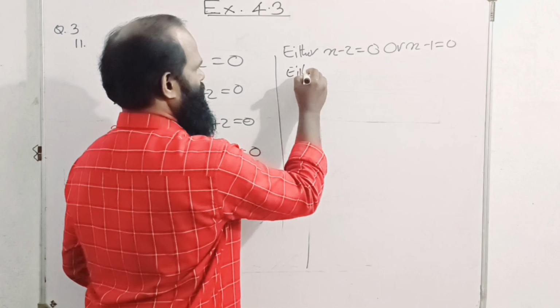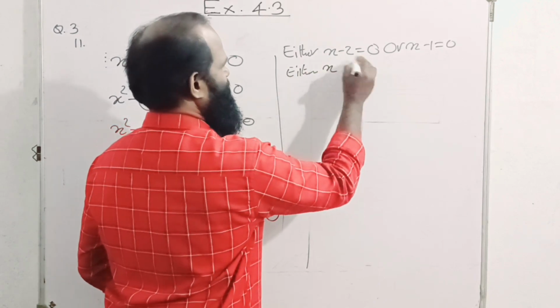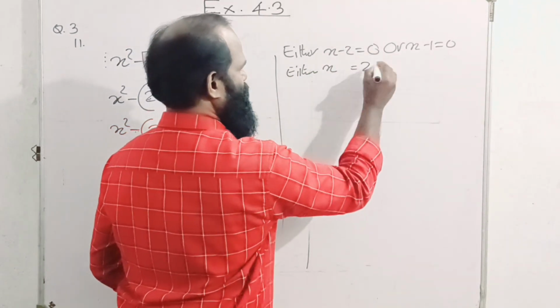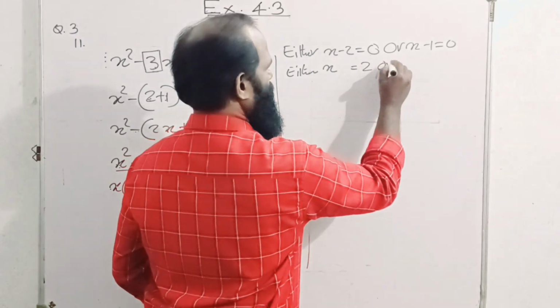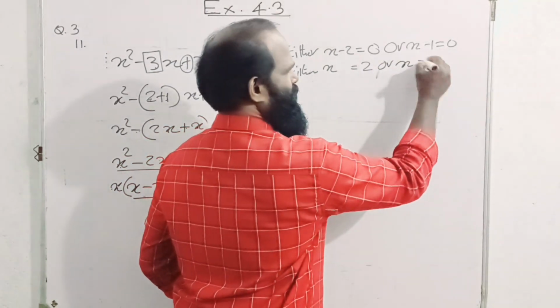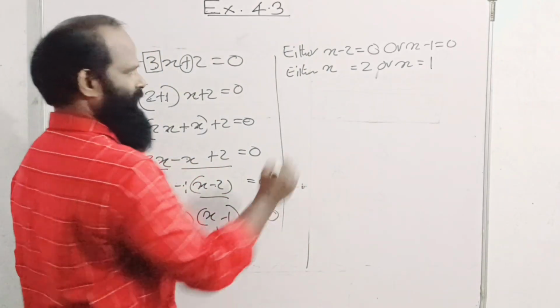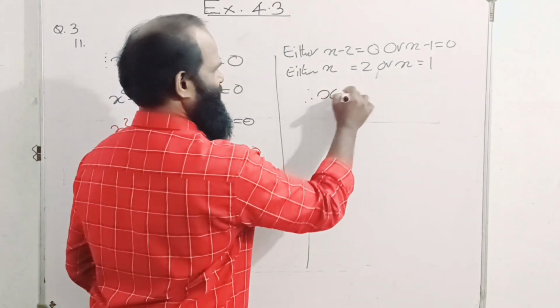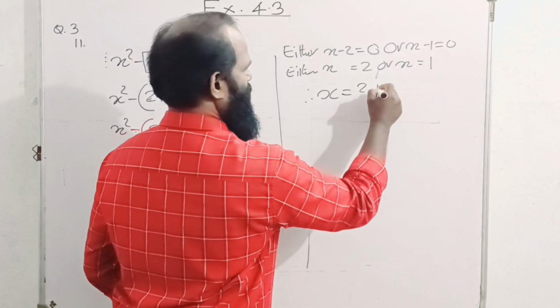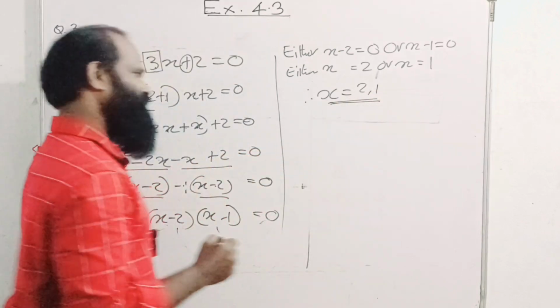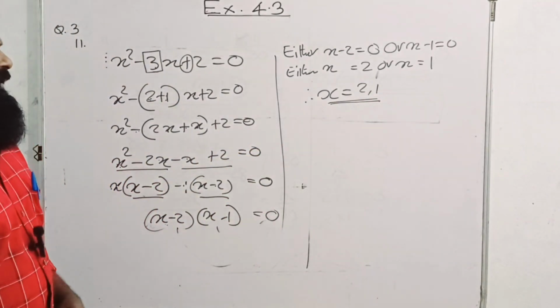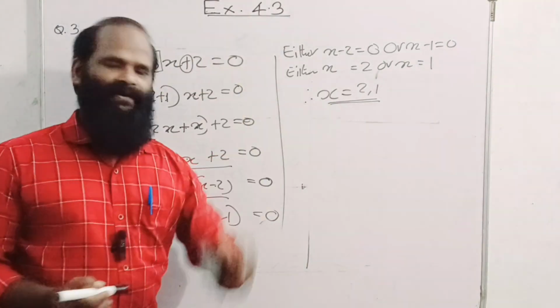So either x is equal to negative 2 comes here, positive 2, or x is equal to negative 1 goes over there, positive 1. Therefore, the values of x are 2 and 1.